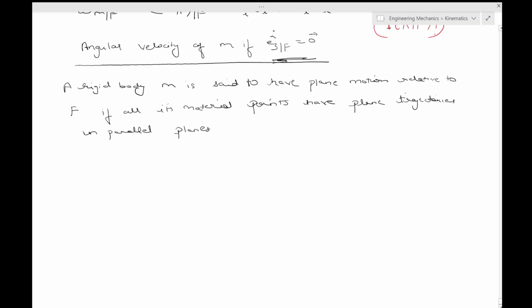So how do we achieve this situation that E3 dot with respect to F is actually equal to 0? You can do it by some manipulation in terms of how you orient the coordinate systems.